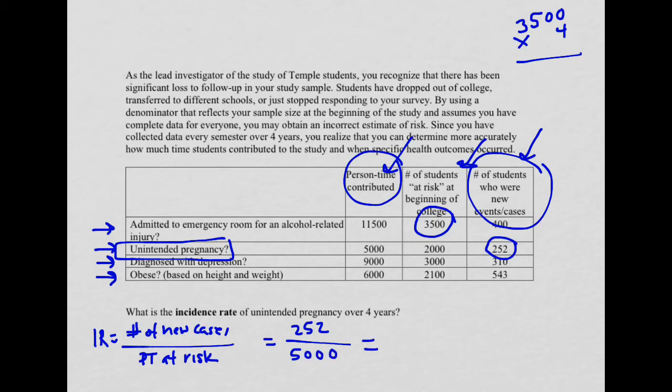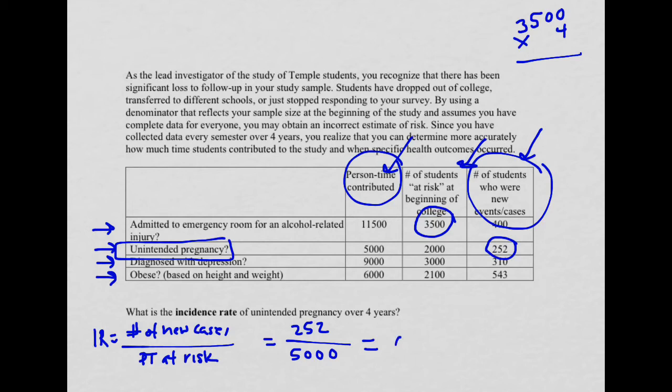Again, this accounts for students who were lost to follow-up and we could never track down again, if they transferred to a different school, or if they reported a pregnancy during that time, and we said, okay, you're no longer at risk for an unintended pregnancy. Therefore, we're going to stop counting the time you're contributing.